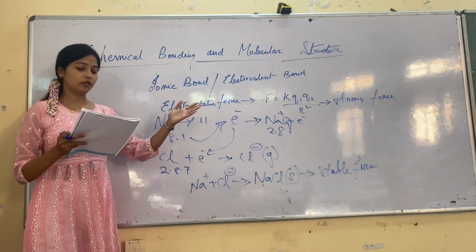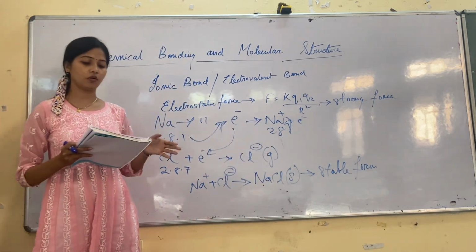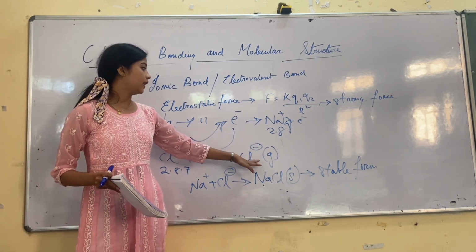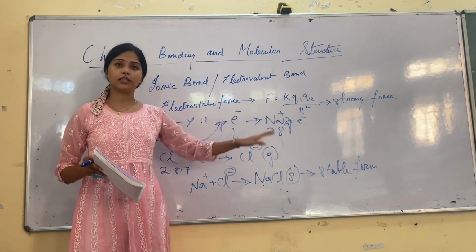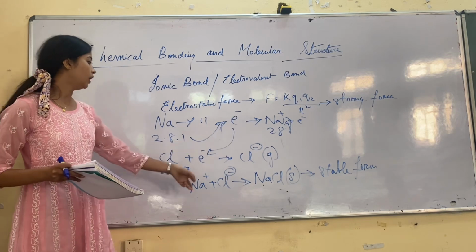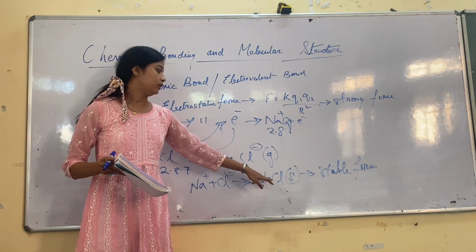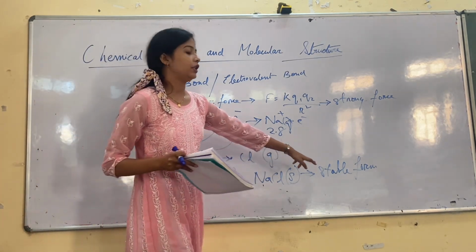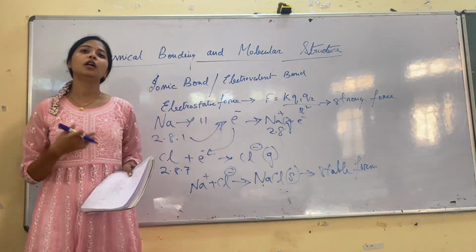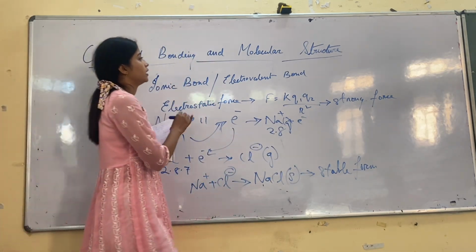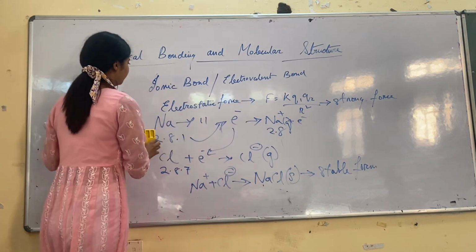Since electrostatic force of attraction is very strong, and this Cl- and Na+ are in gaseous form, which is an unstable form, they form a compound in solid state named NaCl and achieve a stable form. Now we are going to come to the next topic, which is Lewis-Dot structure.